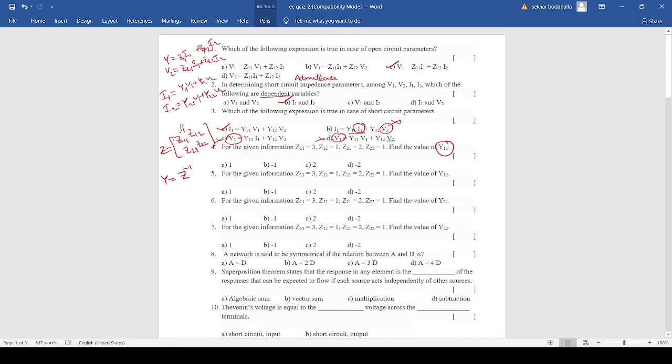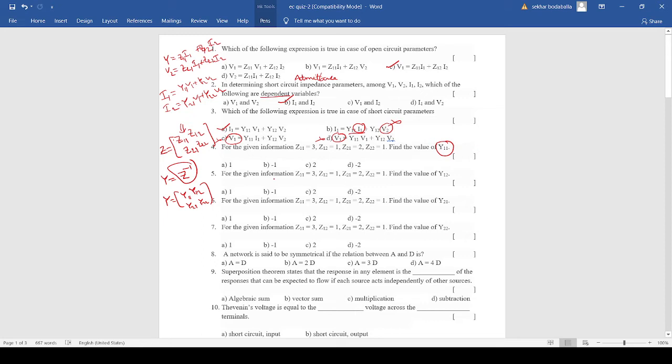So if you are able to find the inverse, then you will get Y parameters. What is this Y matrix? Y matrix is Y11, Y12, Y21, Y22. So according to their position, whatever he asked, you can find. So if you are able to find the inverse for this matrix, you will get the solution for these 4 questions.